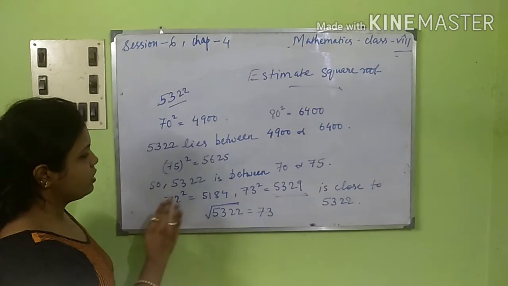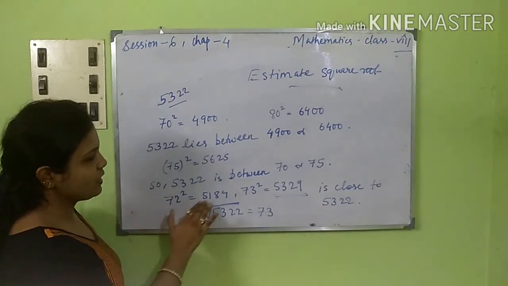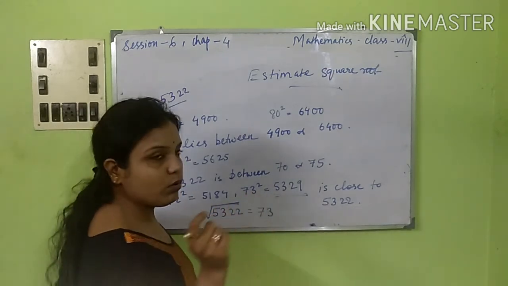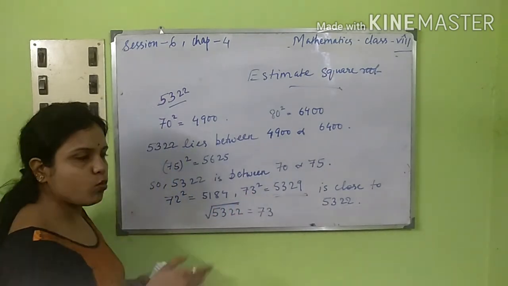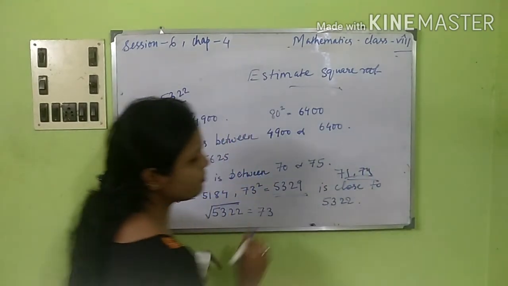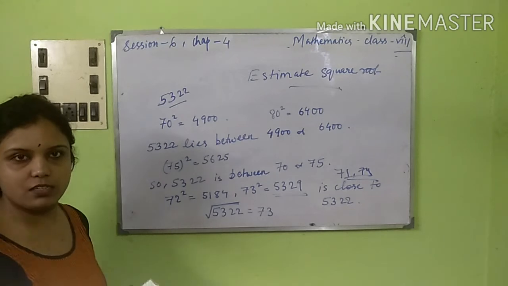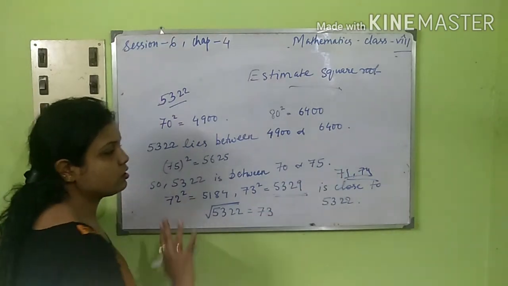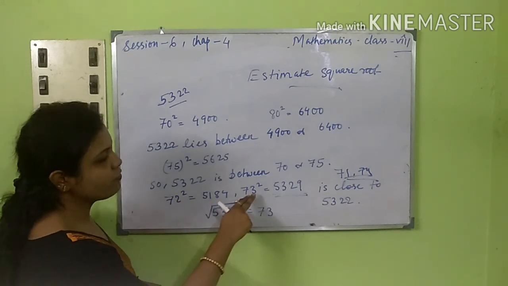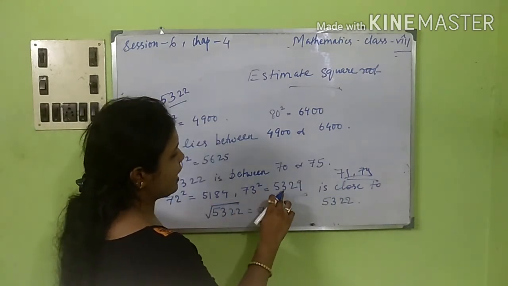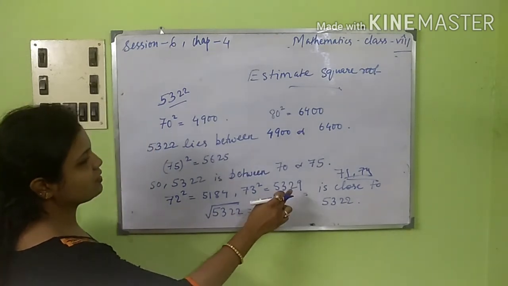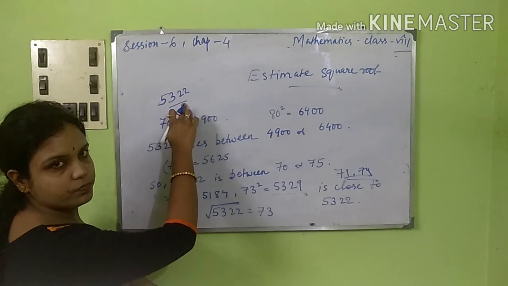So we are taking 72 square, that is 5184, and 73 square, 5329. You can work out the others also, that is 71 and 74. I have not done it because I felt I could manage without it, but you can carry it out for your convenience. As I got 5329, you can easily understand this is very close to 5322, right?